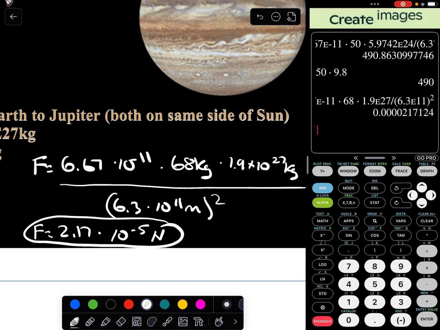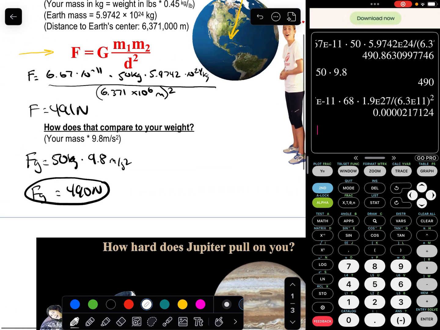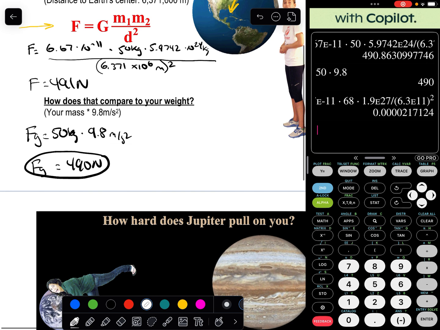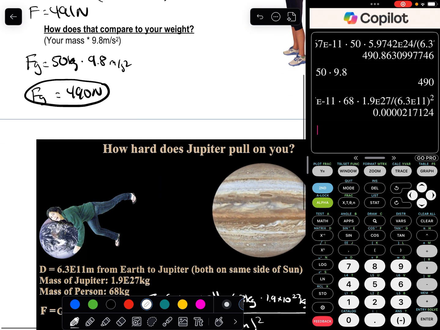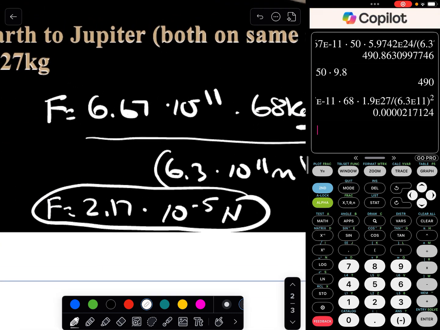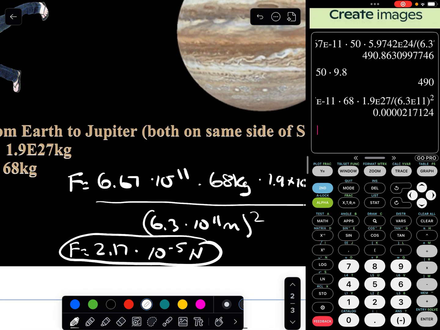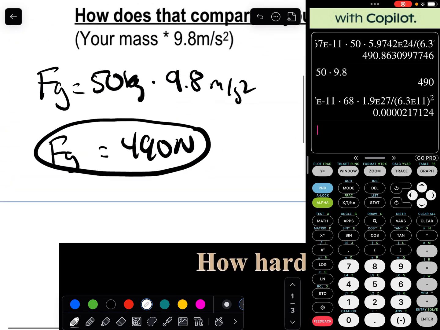Considering that, for example, if you're a 100 kilogram person, your weight on Earth is 1,000 newtons. Or even if you're a 50 kilogram person, we just found that your weight is 490 newtons. So this explains why, although Jupiter is so much bigger than the Earth, Jupiter's really far away. And Jupiter only pulls with a very, very small amount of gravity and is not able to pull you away from the Earth because the force of gravity to the Earth is substantially larger.